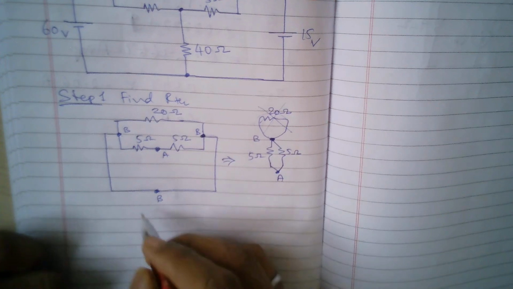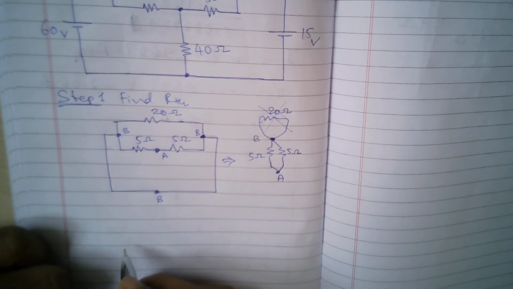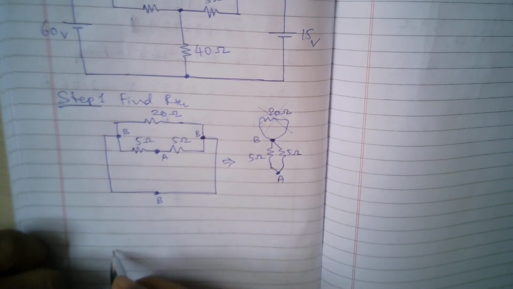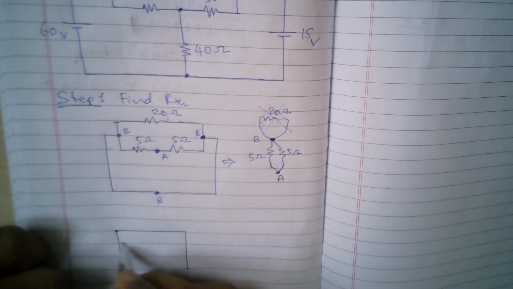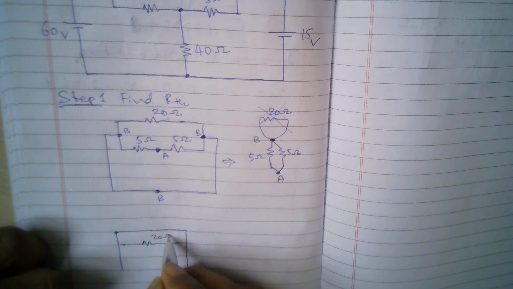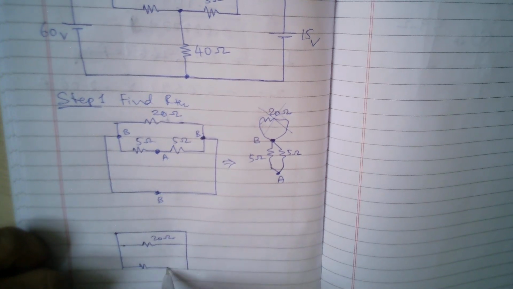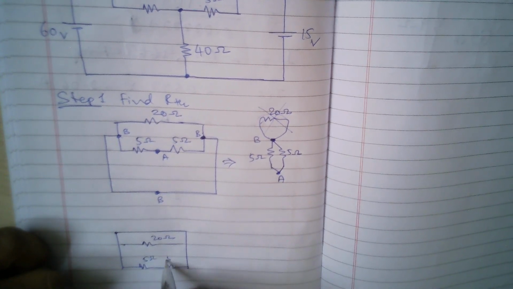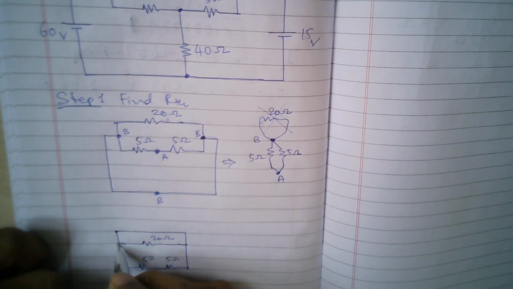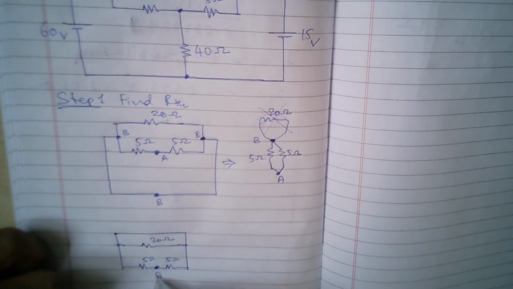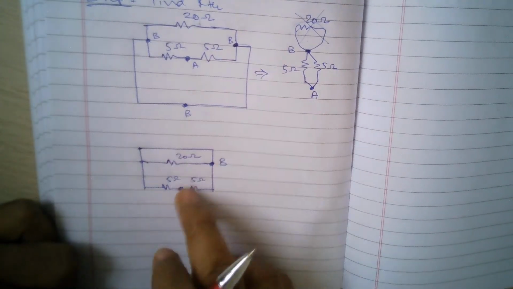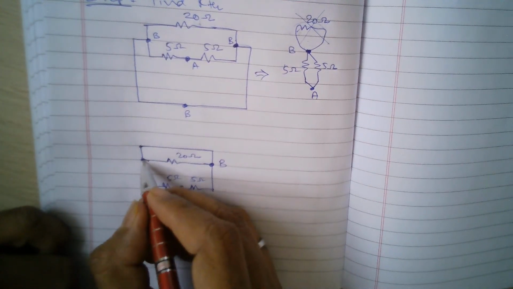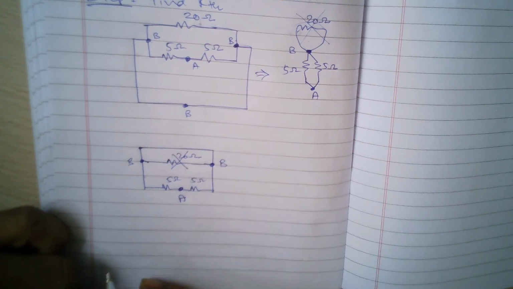So the circuit can be considered as three parallel paths: one is a direct short circuit, another is the 20 ohms resistance, and another has 5 ohms and 5 ohms. Here we have point A, and here point B. These two are the same, so this is also point B, and the 20 becomes irrelevant.